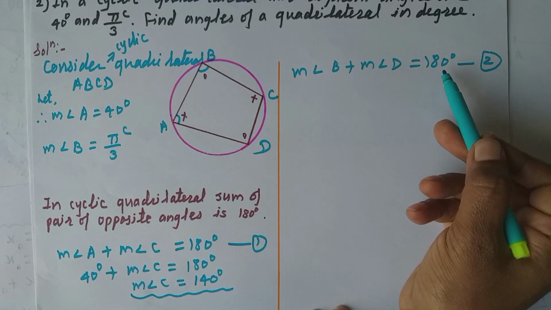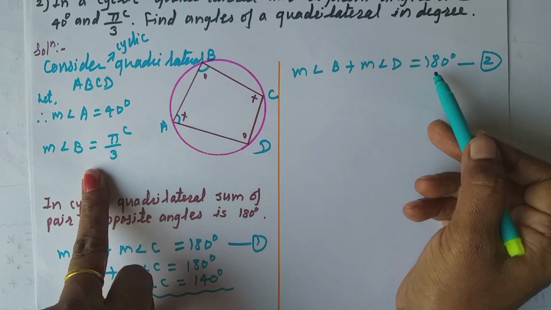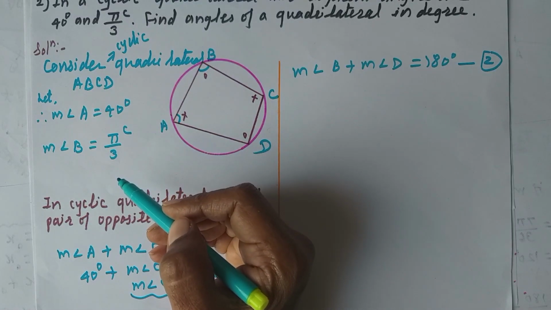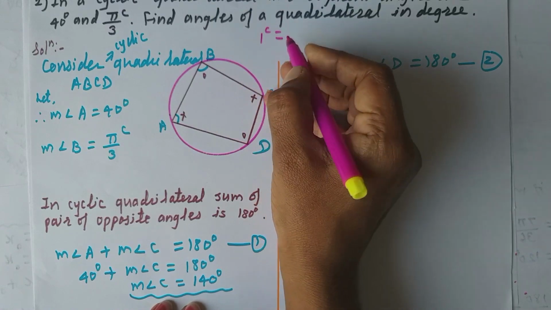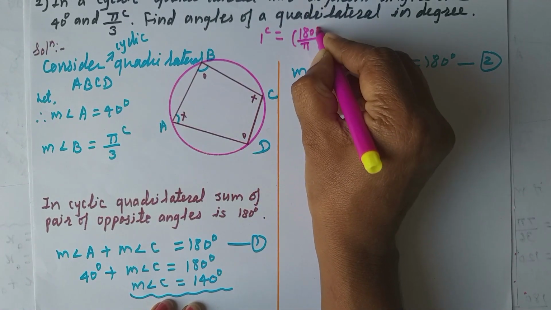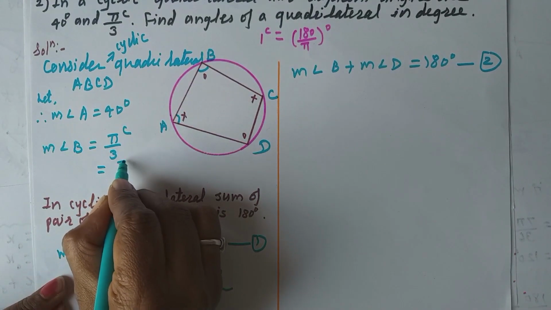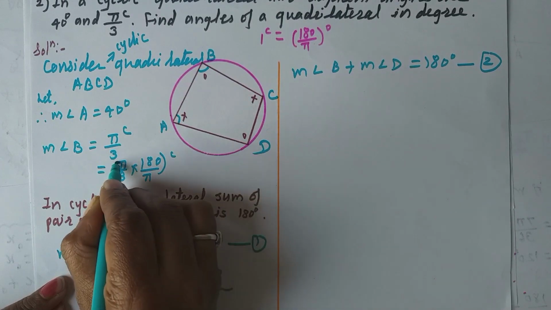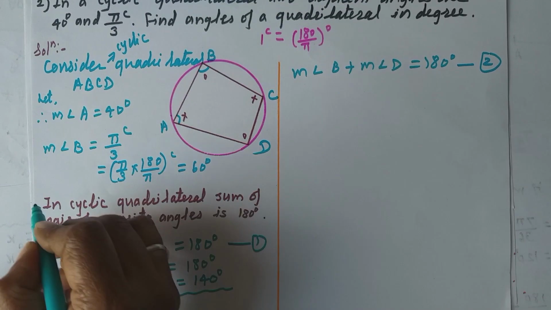Okay. Now here see equation 2. In equation 2, the right hand side has an angle in degrees, 180 degrees, and here measure of angle B is given in radians. It means I have to convert this radian angle into degrees, and I know that 1 radian is equal to 180 divided by pi degrees. Therefore, to convert this radian angle into degrees, multiply this angle by 180 by pi, and after simplification this is nothing but an angle of 60 degrees.